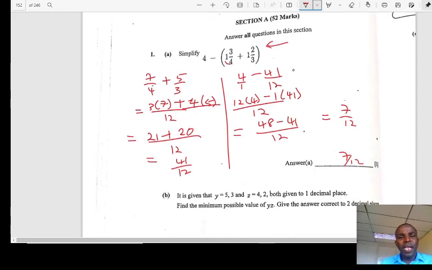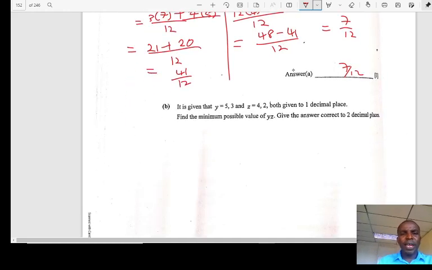Done. Next question. It is given that y equals 5.3 and z equals 4.2, both given to one decimal place. Find the minimum possible value of yz. Give the answer correct to 2 decimal places. So we have y here, y is 5.3, and z is 4.2.